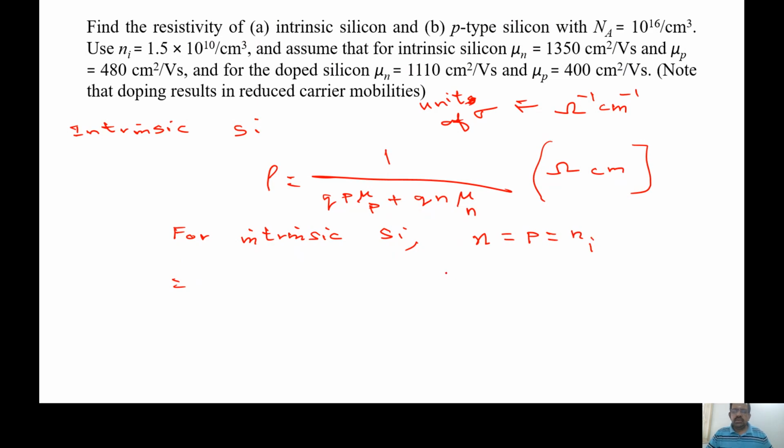So rho equal to 1 by... Now p and n are equal, so I can take the term out.